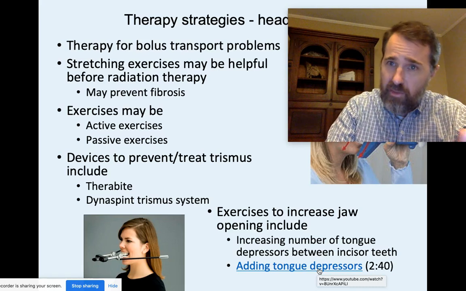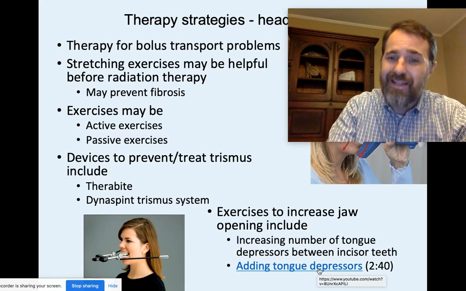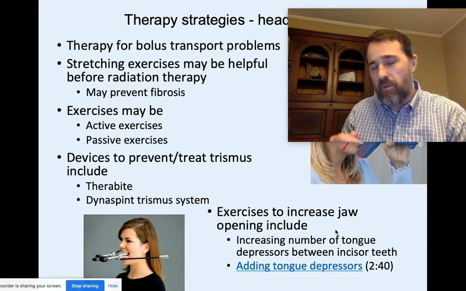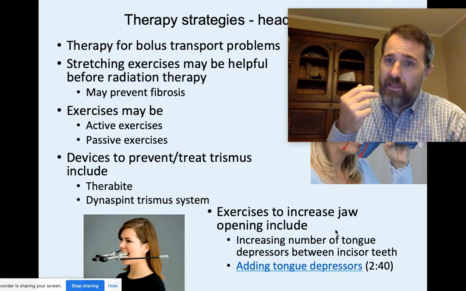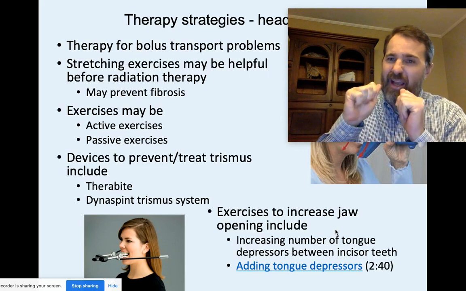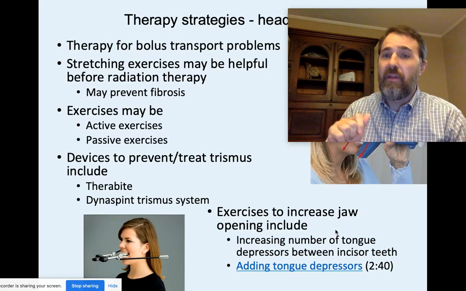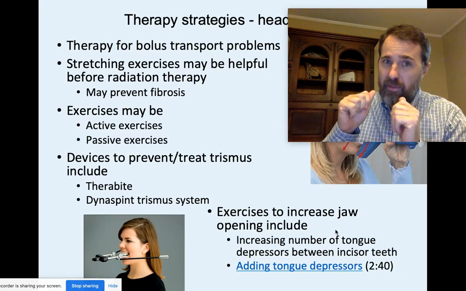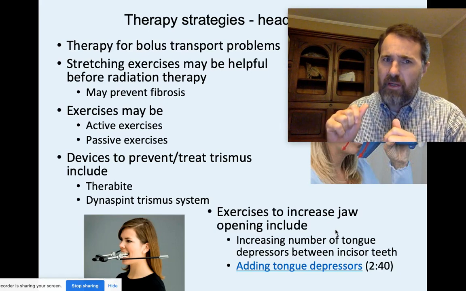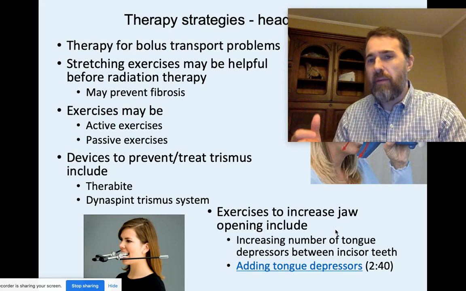Another strategy, also mentioned in the video above, is that the doctors will tell the patient, I want you to stack three tongue depressors and wedge them in. Then tomorrow, wedge in 4 tongue depressors and maybe stay at 4 for a couple days.